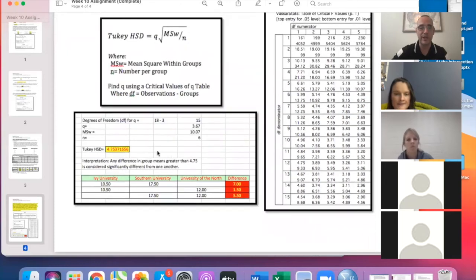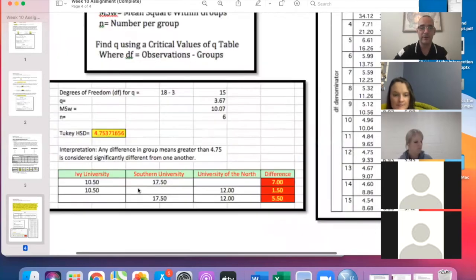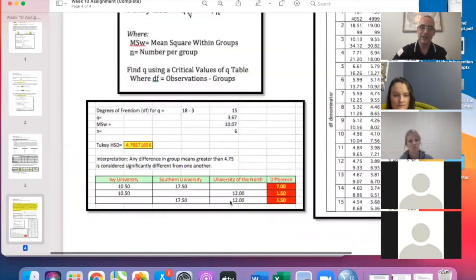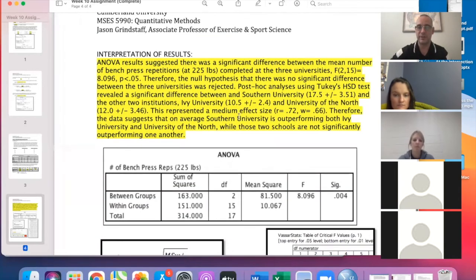Remember, we noticed down here that there was a difference between Ivy and Southern, and then Southern and University of the North. So in this case, for simplicity's sake, we're just saying that there was a statistical difference between Southern University and the other two. Southern was significantly different from Ivy University, and Southern was significantly different from University of the North.